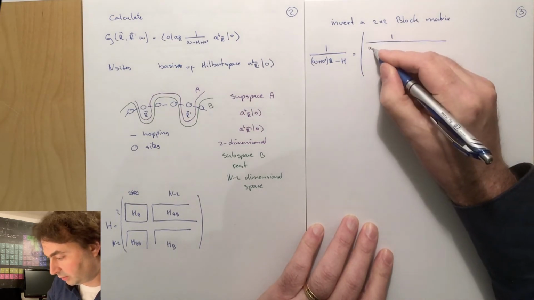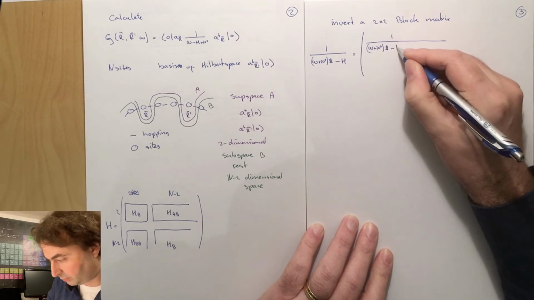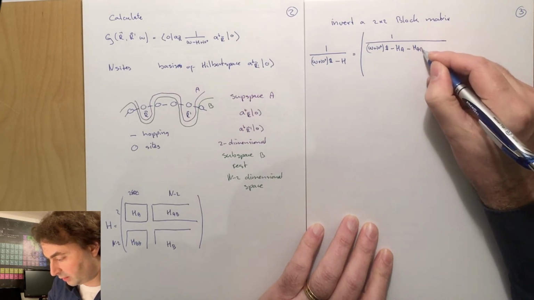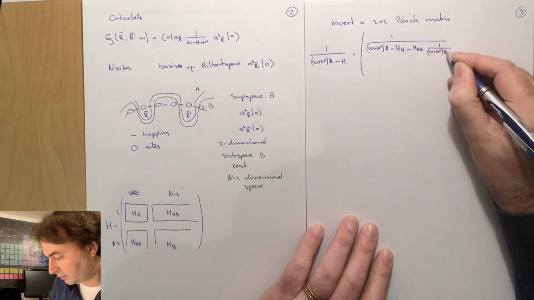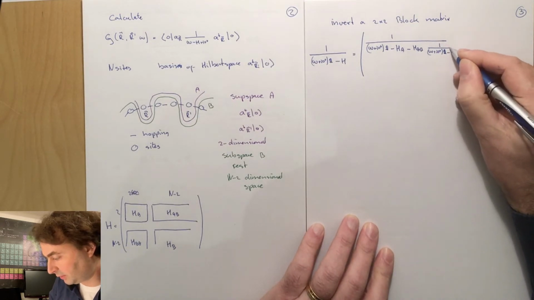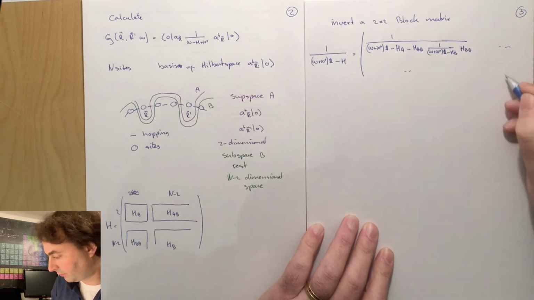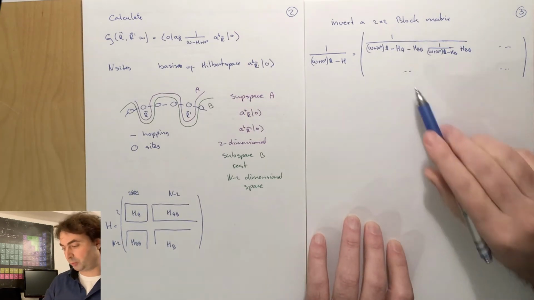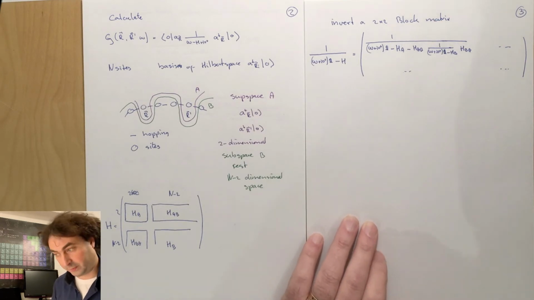This is 1 over omega plus I0 plus times the identity matrix minus HA, minus HAB, 1 over omega plus I0 plus times the identity matrix now of dimension B minus HB, HBA. If you look at Wikipedia for inverting a 2 by 2 block matrix, or in the script you will find also the other elements, they are not so important.